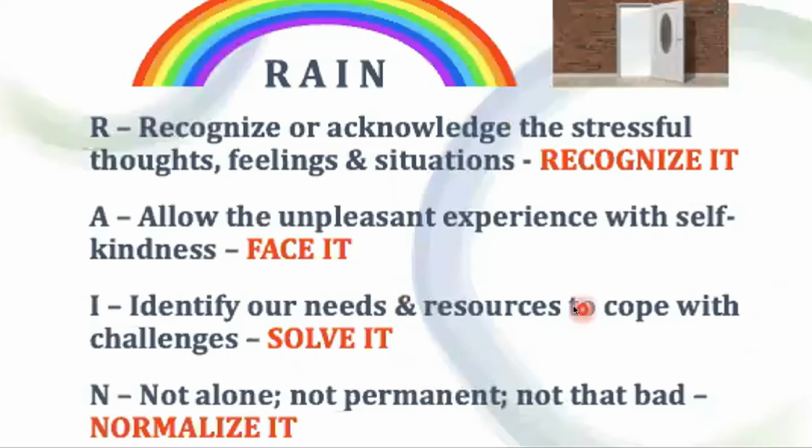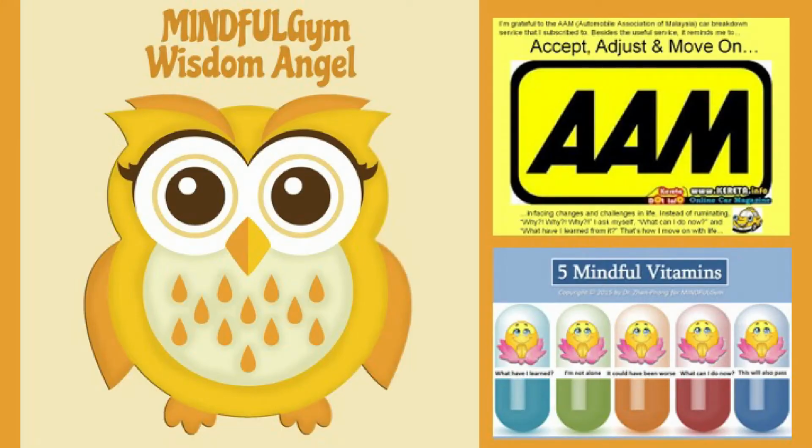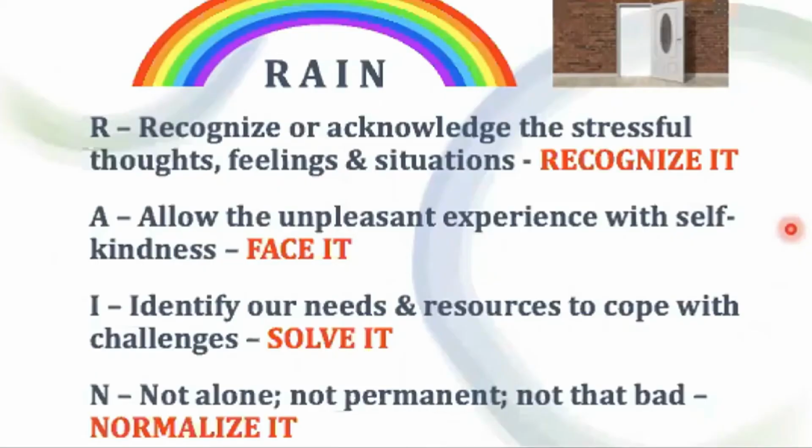Again, I summarize. I've talked quite a lot. The mindful RAIN is an alternative model to the AM and mindful vitamin to help us cope with stress, changes and challenges in life. The principles are more or less the same, just a slightly different way of rewording and explaining them.